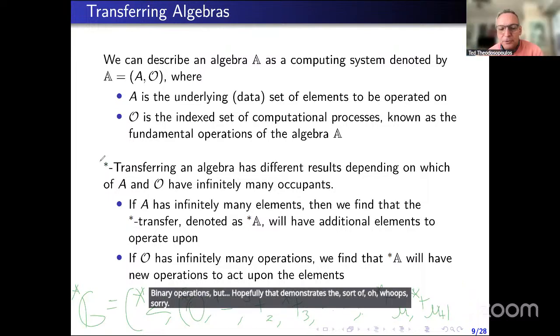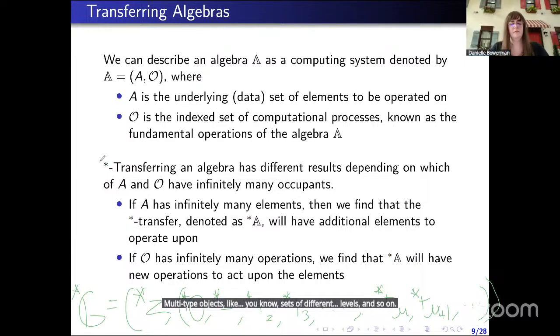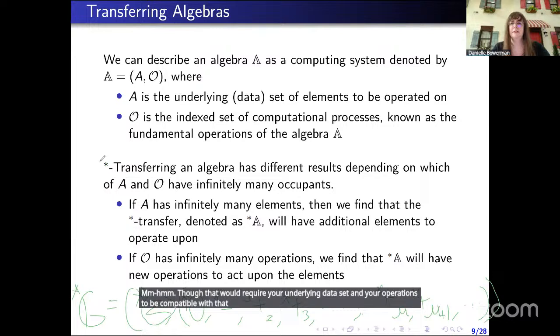Right. I was going to say, presumably it could also involve operations on multi-type objects, like sets of different levels and so on. Though that would require your underlying data set and your operations to be compatible with that. Well, then, no, that's what I mean, right?